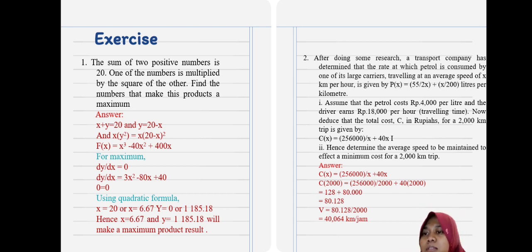V equals 18,128 over 2000 equals 14,064 kilometers per hour.